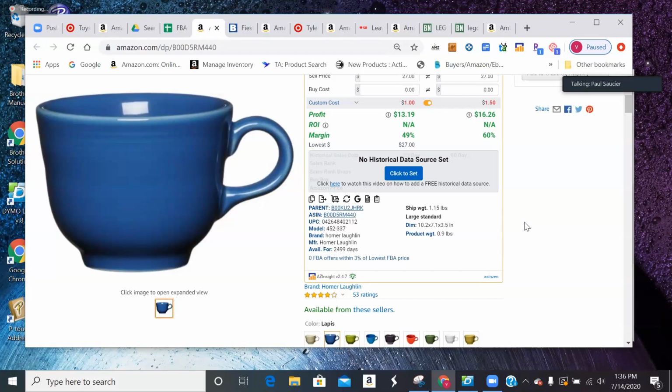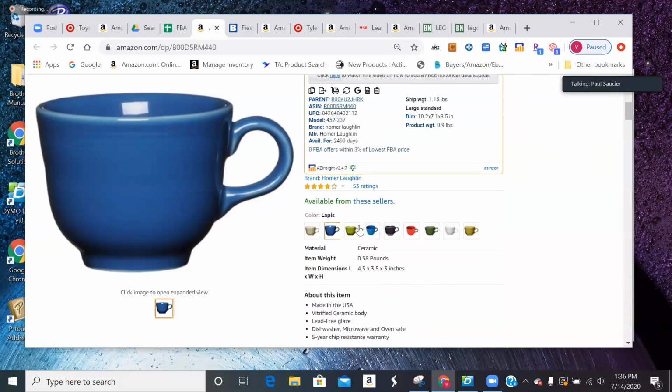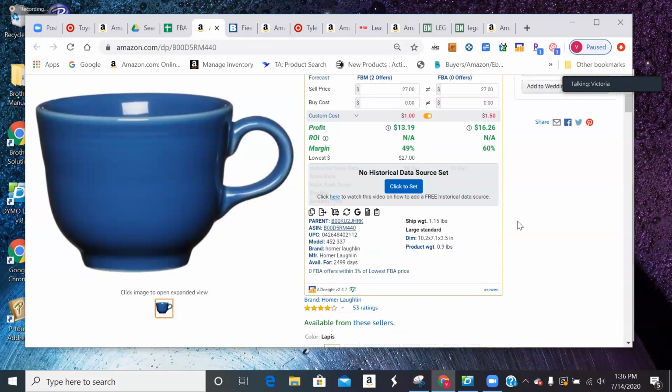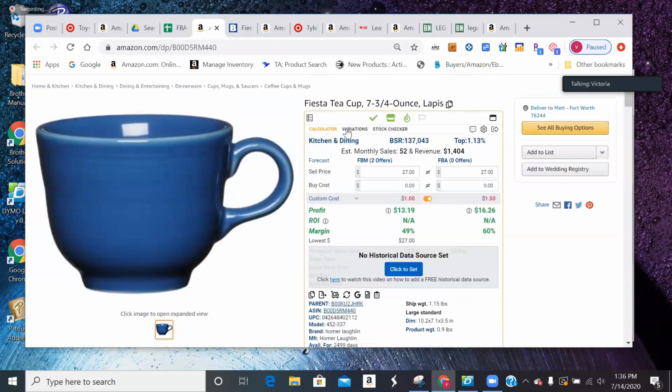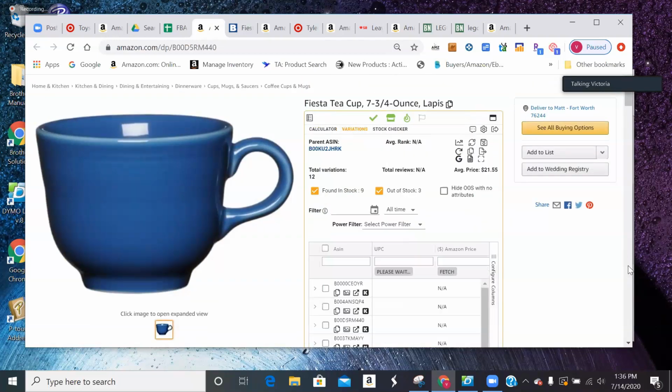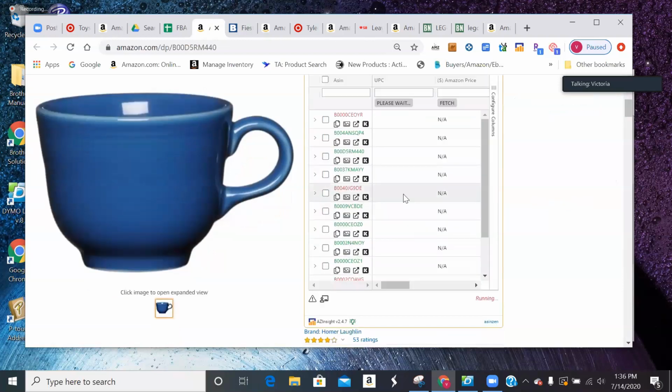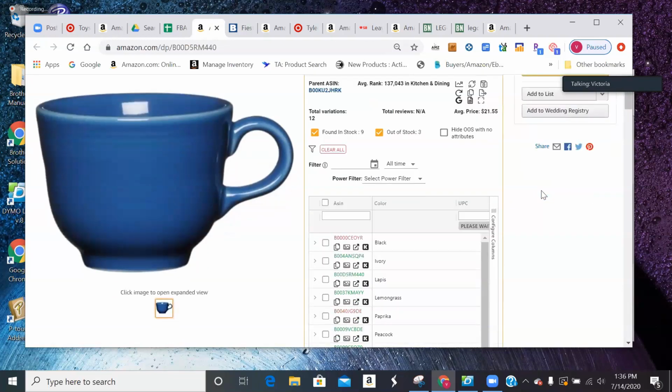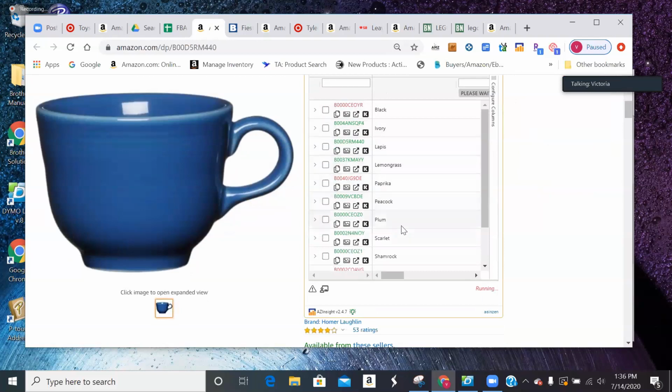One thing about this particular lead is the variations. It looks like there are 9 or 10 active variations. I used to hate listings with variations, but since using this tool, I like it very much, because you can click over to variations and it lists all the colors.